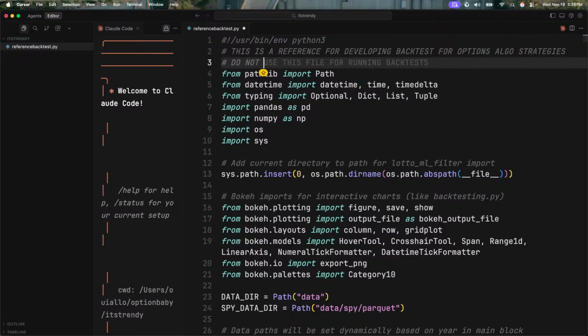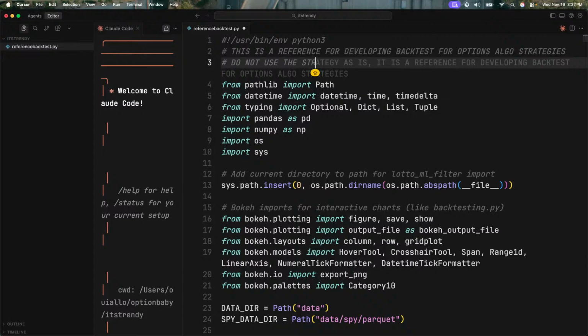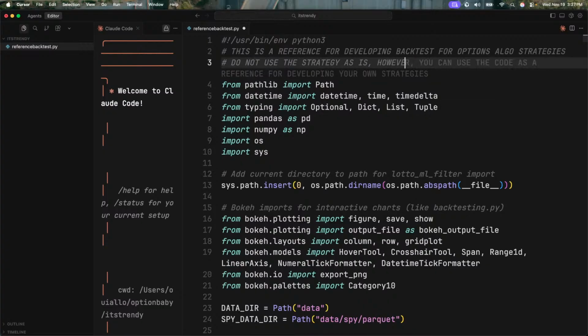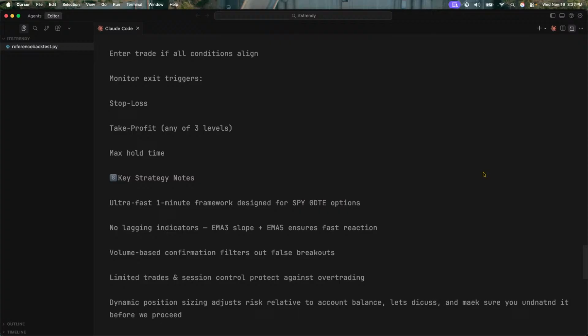Do not use the strategy as is. It is a reference for developing a backtest. Do not use this strategy as is. However, you can use the code as a reference for developing. Okay. Beautiful. I have to make it very, very clear because sometimes they can trip. They being AI.